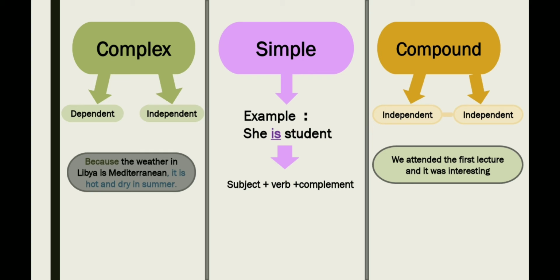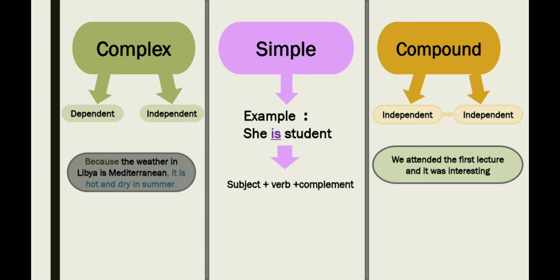the sentence. In a complex sentence, we use a subordinate and conjunctions and comma. For example, because the weather in Libya is Mediterranean, comma, it is hot and dry in summer. This sentence can be divided into two parts.